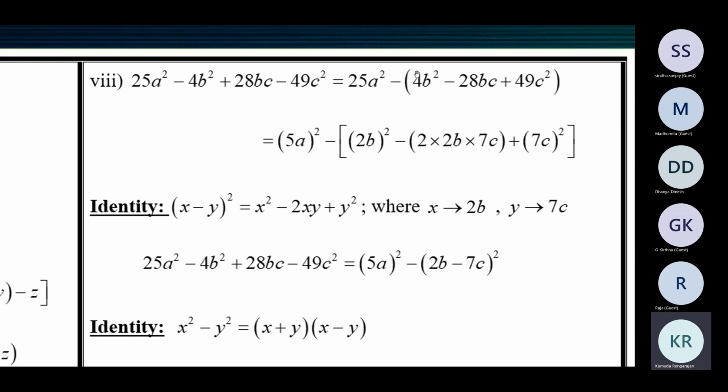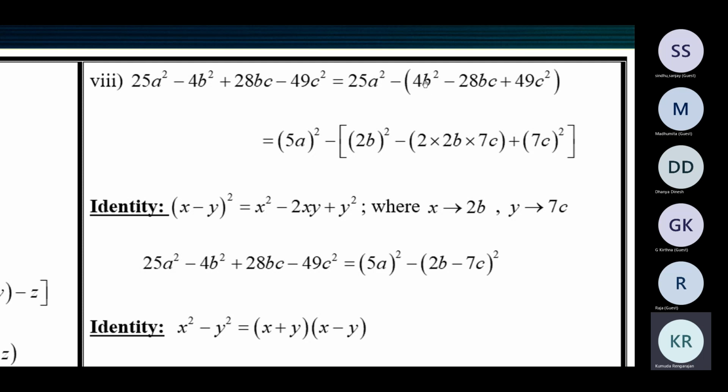But there's a minus outside, so every term in the bracket comes with the opposite sign. Here the term is minus 4b square; it will become plus 4b square in the bracket. This is plus 28bc; it will be minus 28bc in the bracket. This is minus 49c square; it will be plus 49c square in the bracket, because there's a minus outside the bracket.